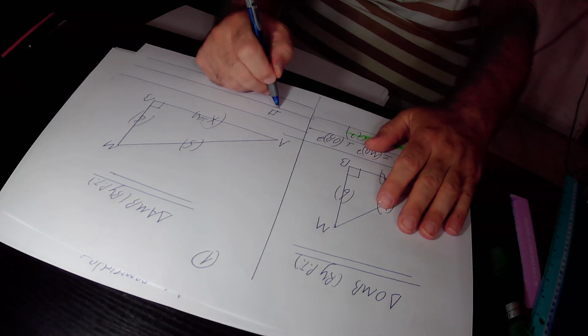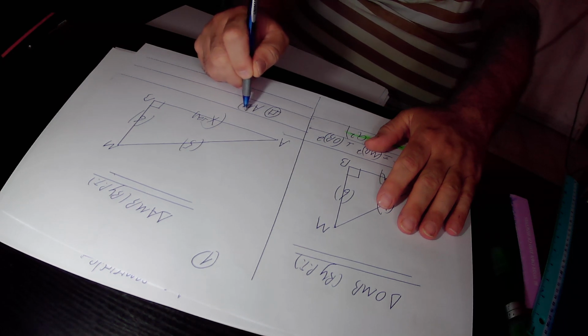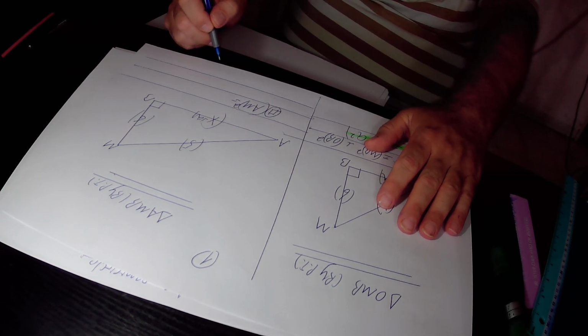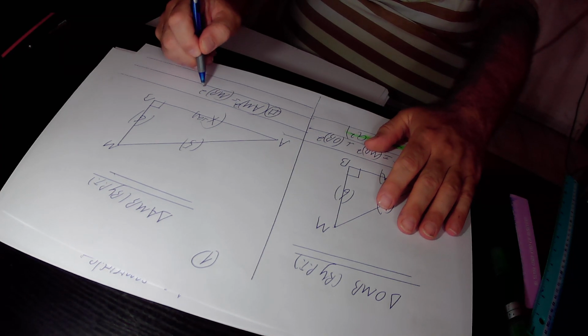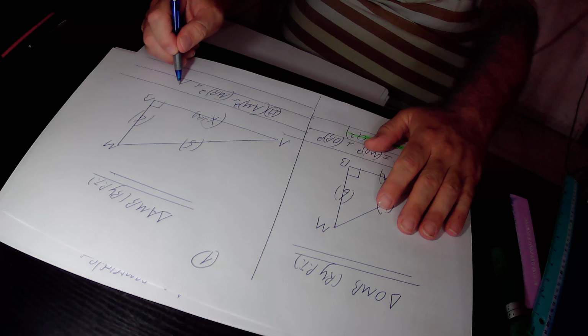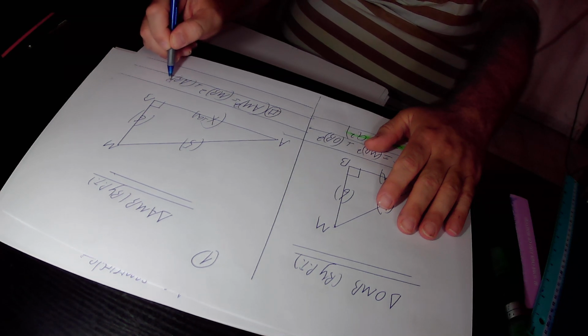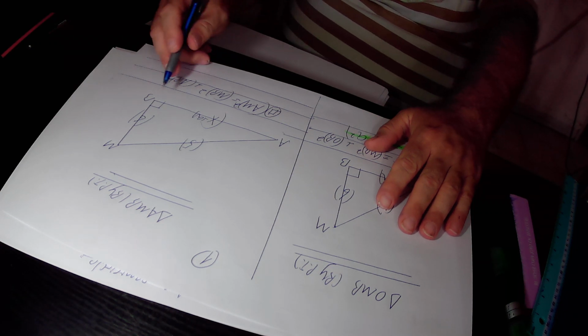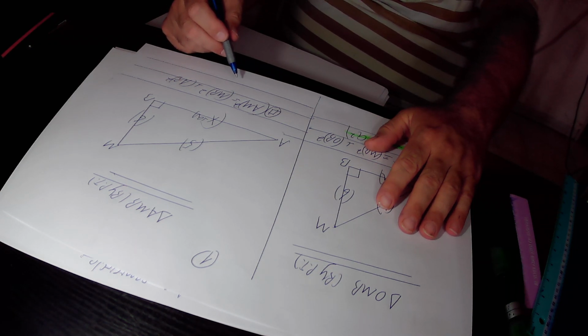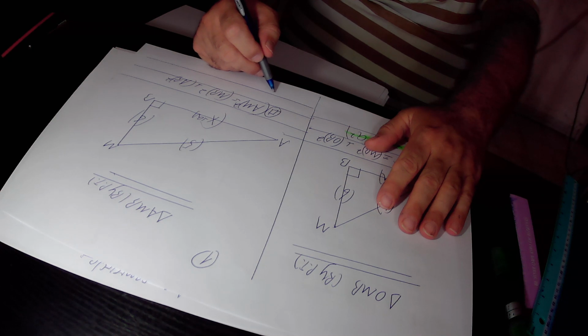AM squared, that is the square of the hypotenuse, is equal to MB squared plus AB squared. AM is 5, therefore AM squared is 5 squared, that is 25.